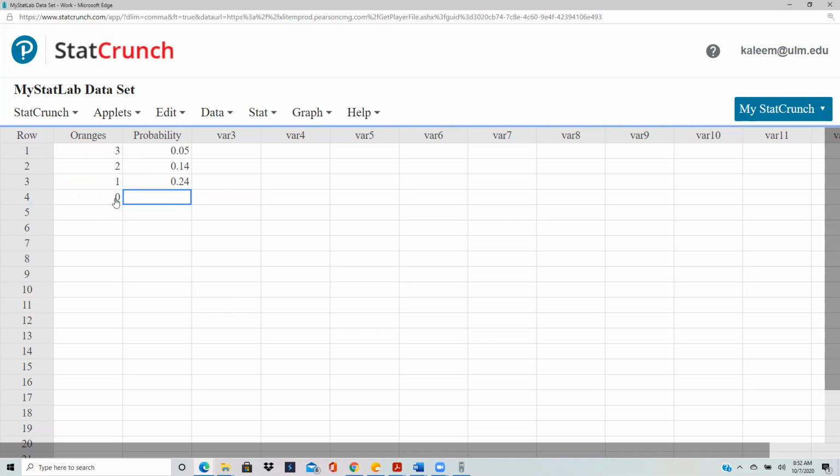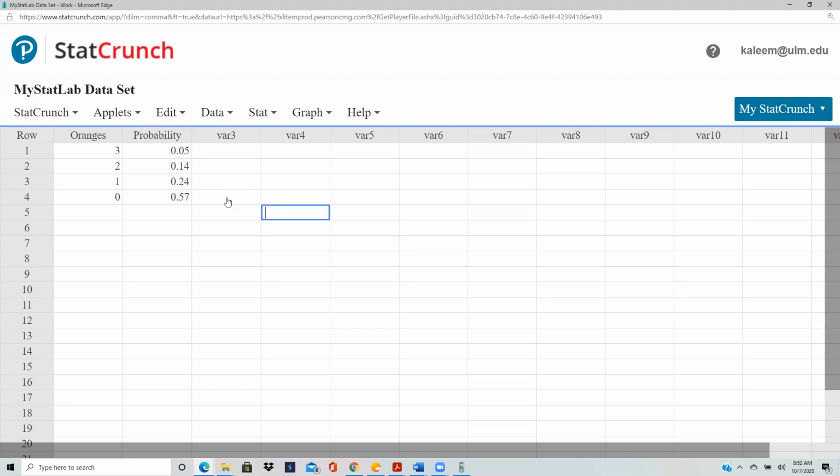So we also have to have this probability. If you miss this one, you will still get the correct answer for the expected value, but you will get a wrong answer for the standard deviation or variance. So just make a habit of putting that case as well, so as to make all probabilities add up to 1. Right now, these add to 0.43, so subtract from 1, and you get 0.57 for the 0.